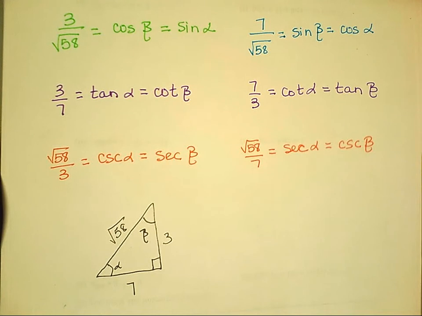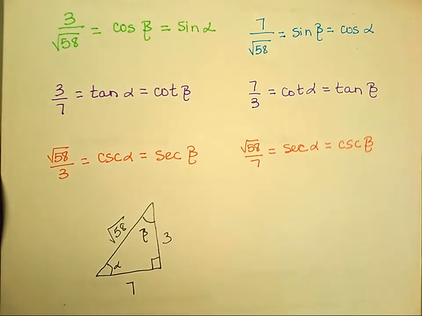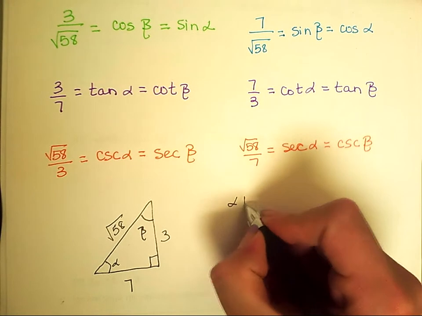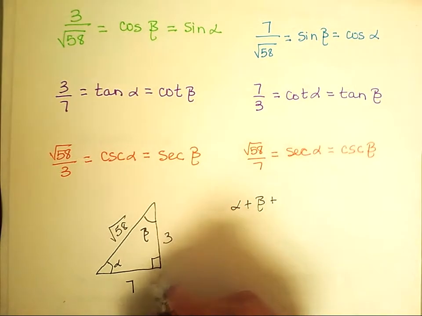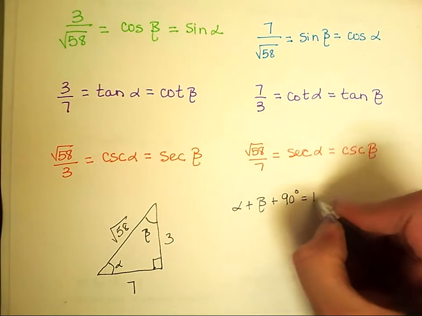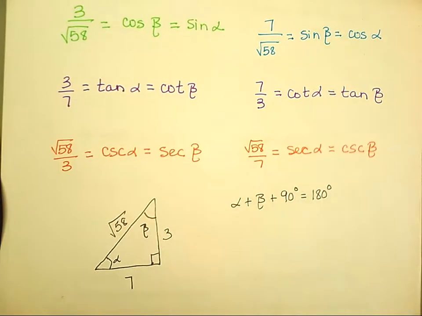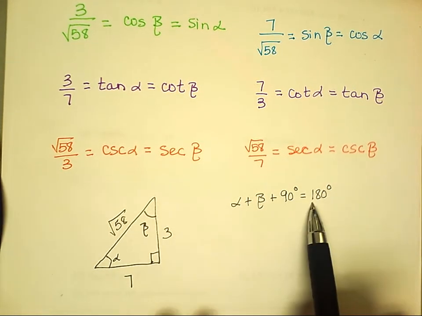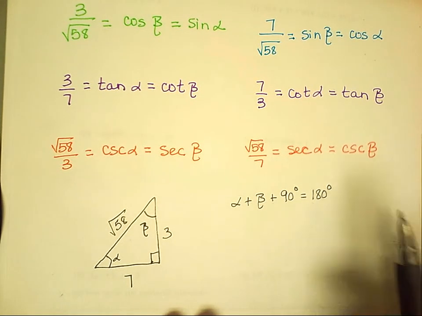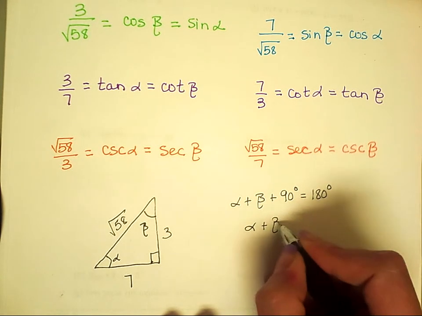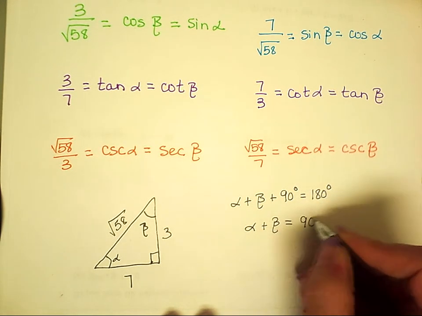So when we talk about alpha and beta, what we know is this. We know that alpha plus beta plus this being 90 degrees has to equal 180 degrees. That's because the sum of all of the angles in a triangle must add up to 180 degrees. Well, if I solve this for alpha and beta, I could subtract 90 from both sides.